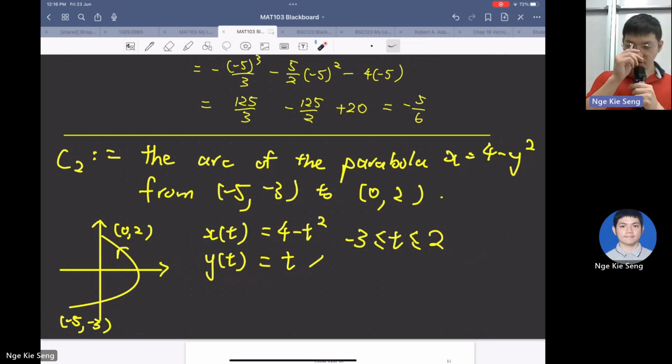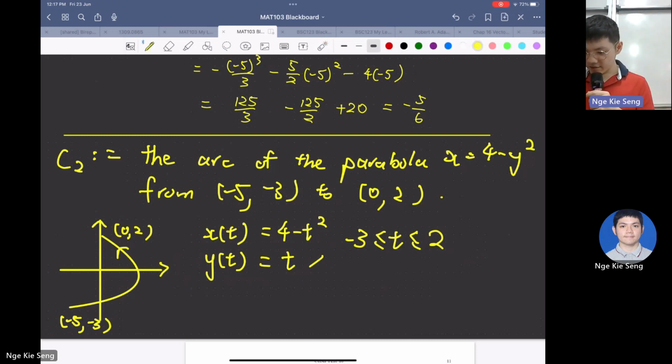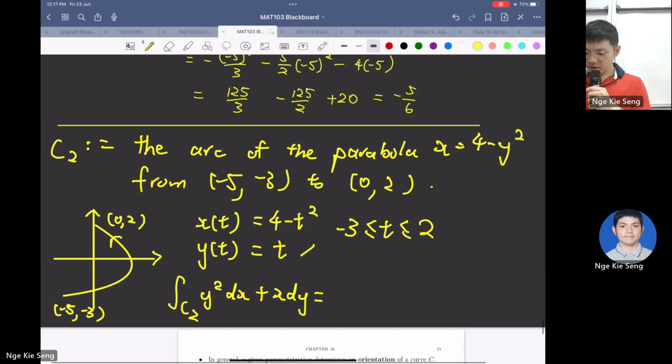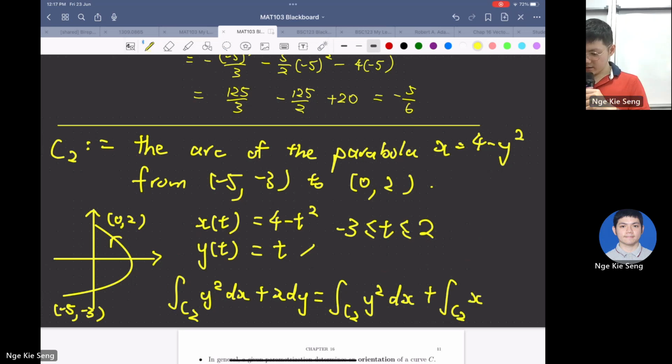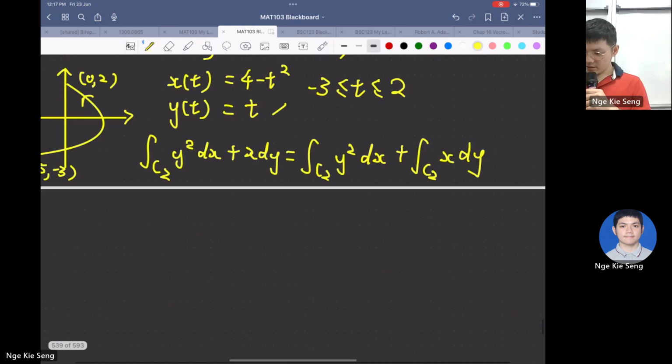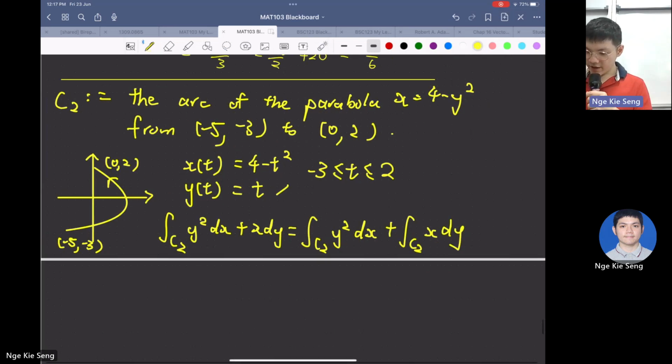All right. So now we want to do the integral on C2. How to do the integral on C2 here? Similarly, we split the integral into two parts by linearity. We need to re-express everything in terms of t now.